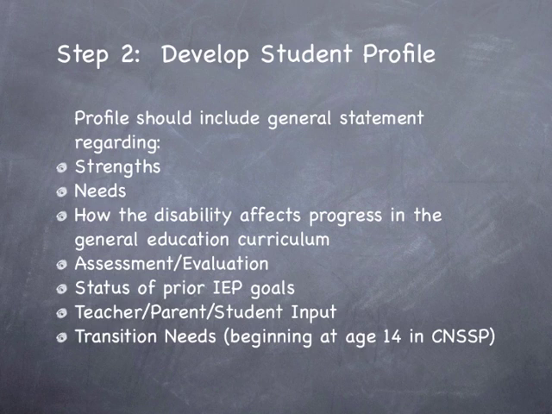That should just be a general statement regarding the student's strengths, their needs, how the disability affects progress in the general education curriculum, their most recent assessment or evaluation results, the status of their prior IEP goals, so whether progress has been made or their goal has been met, input from teachers, parents, and the student, and then beginning at age 14, information regarding their transition needs. And all of that information, as you know, then gets entered on page 2 of the IEP.